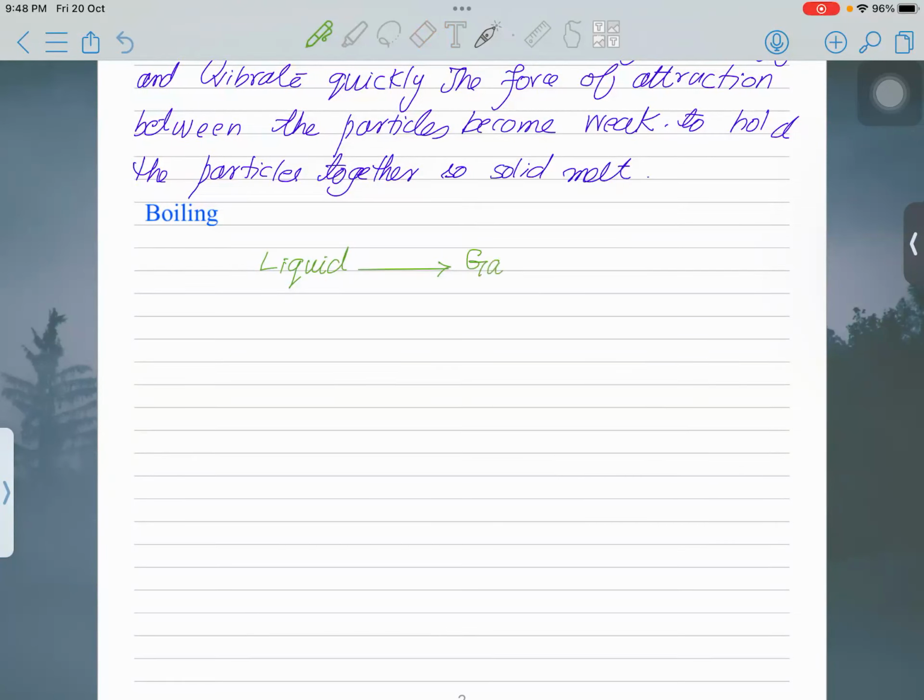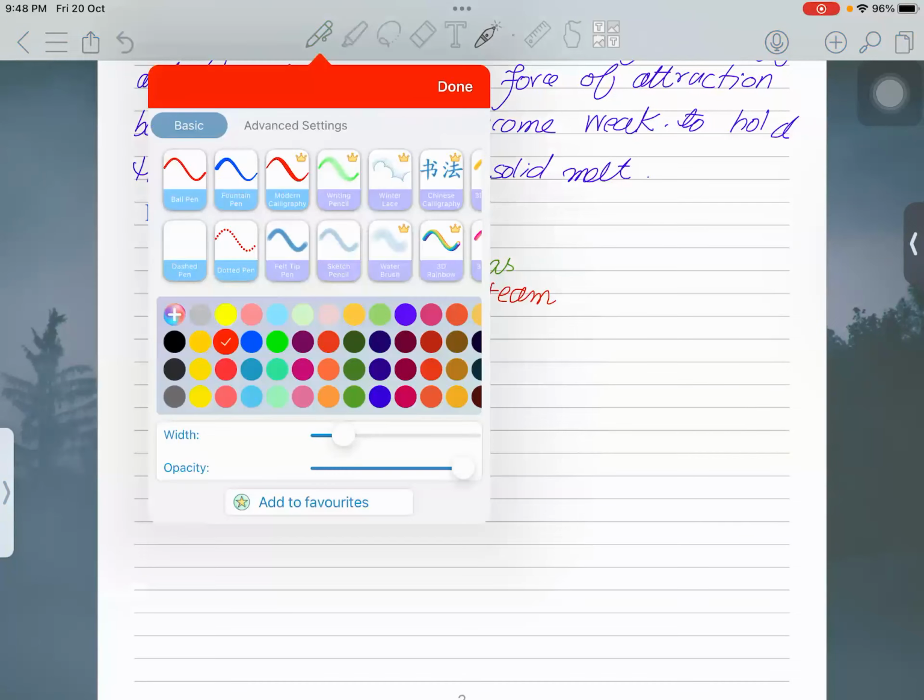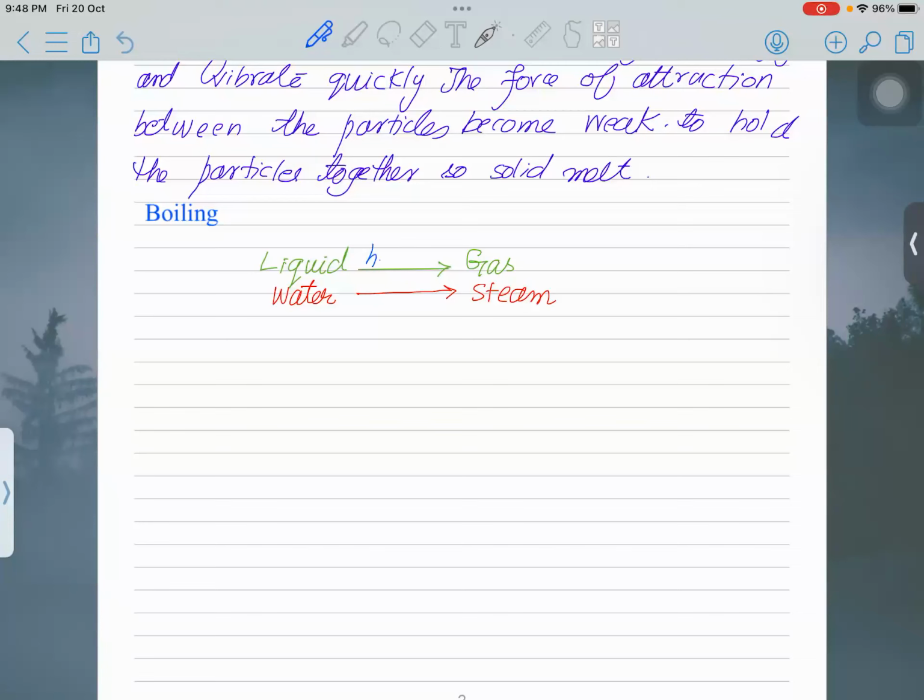Liquid converts into gas. For example, you have water. When you heat, it converts into steam. So when you provide heat, this is called boiling.